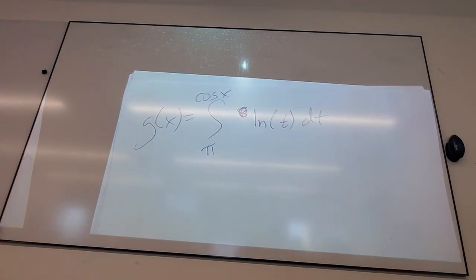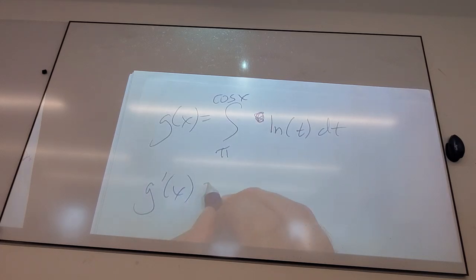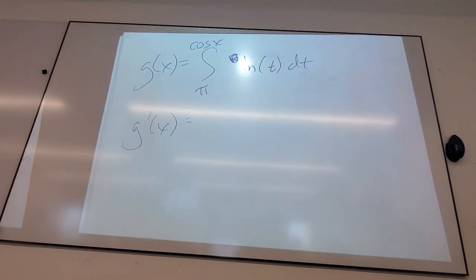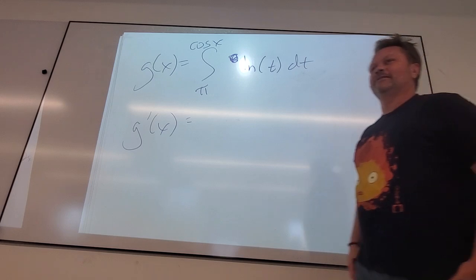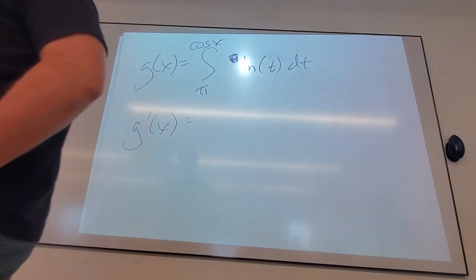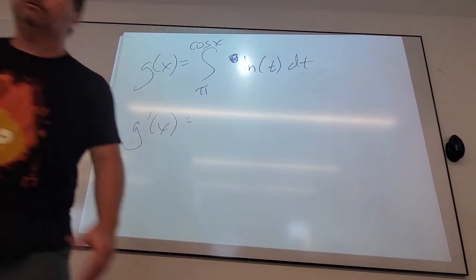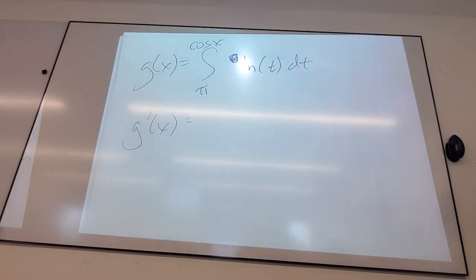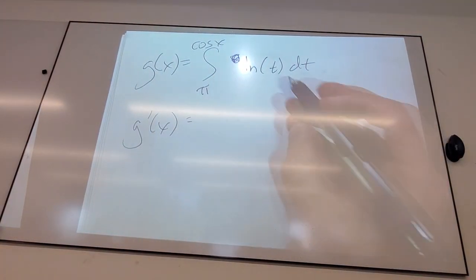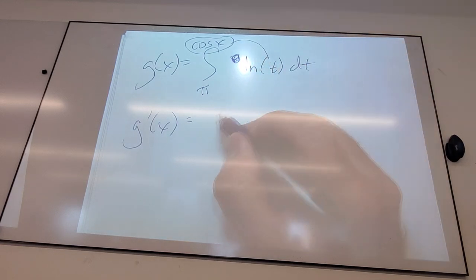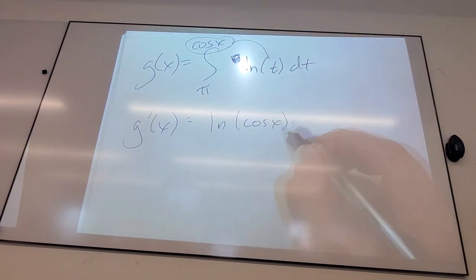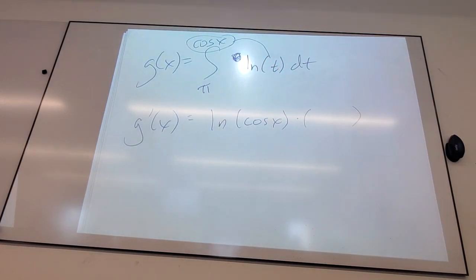So what is G prime? What is G prime? Good. The first step is the rule for this function. How does this function work? You take what's there, you plug it in. And then, of course, what rule comes into play?